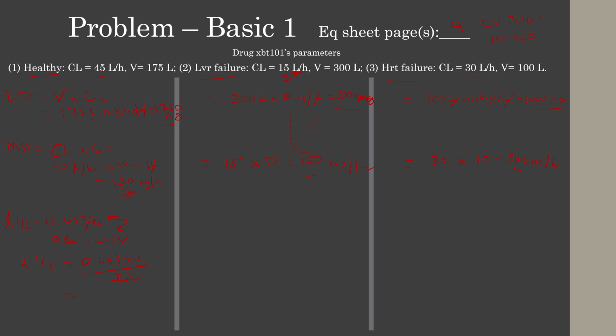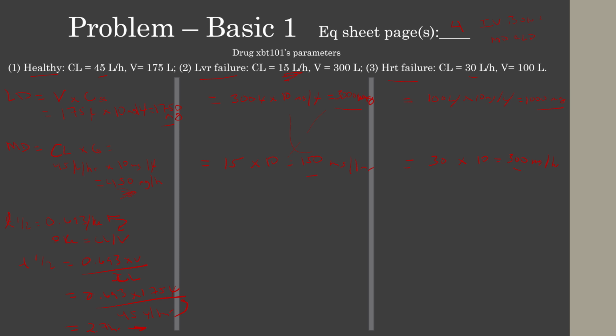All right. Then if we plug those in, you're going to plug in the numbers here. I'll just do this first one. 0.693 times the volume of distribution, which is 175 liters, over 45 liters per hour. Liters obviously cancel out. It bumps the hours up to the top. And that will give us approximately 2.7 hour half-life in a healthy patient.